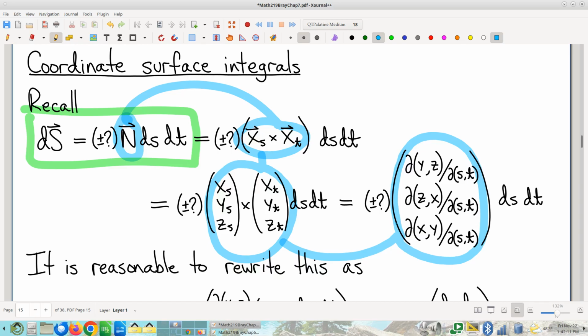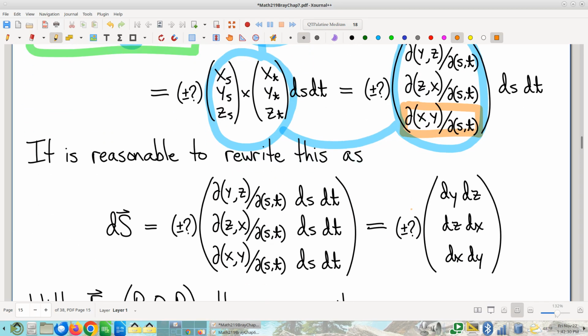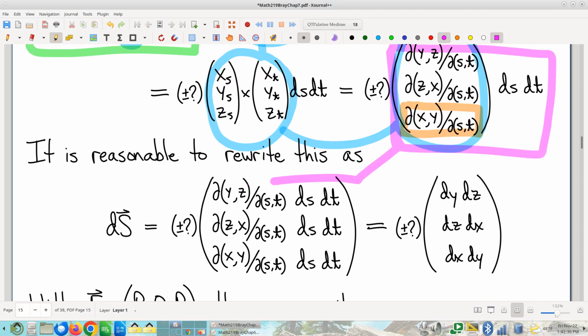Again, we noted this weird-seeming coincidental thing that looks like a two-dimensional change of variables stretching factor, which isn't geometrically what we're interested in here. So it's a little surprising that it showed up. But having made that observation, you can distribute the ds dt, and with this interpreted as a two-dimensional change of variables stretching factor, you can cancel those.